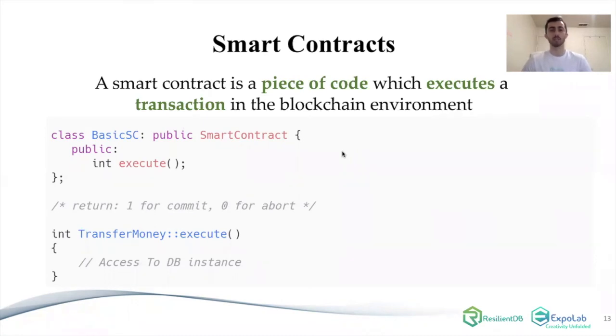We have provided a useful code base so that you can just inherit your class from those smart contract classes and define the execute function of your smart contract, and in that function you have access to the DB instance, which is one of those SQLite or LevelDB instances, that you can interact with the actual ledger, reading and writing to the ledger.